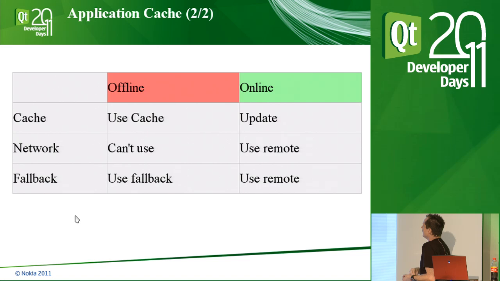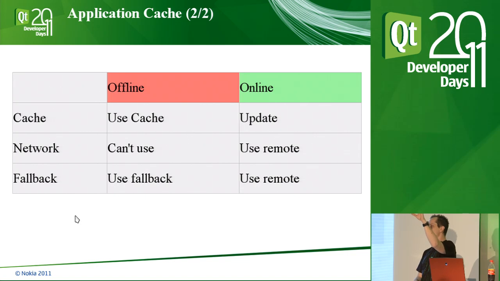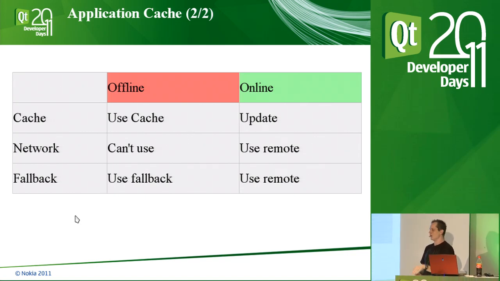For network, if you're offline, all the files described under the network part will not be used, so they will fall back to the fallback part. But if you're online, of course, you will always use the remote file. That's also a way for you to enforce using a file on the server, to be sure that the last version is used and not something that is in the cache.